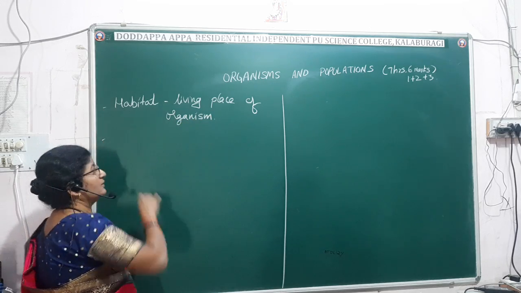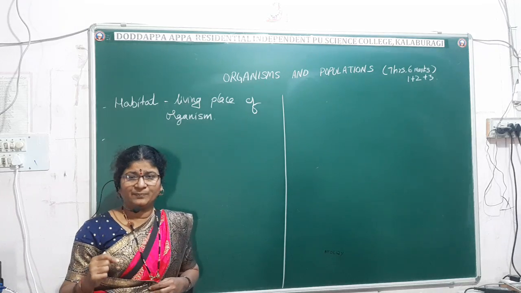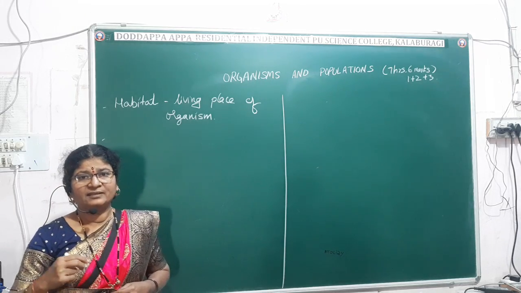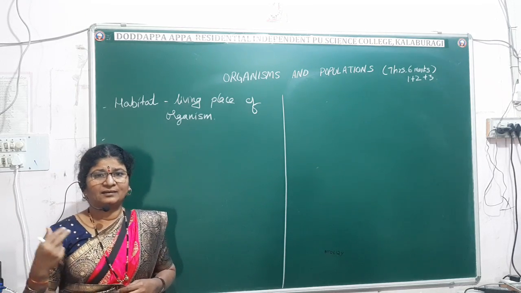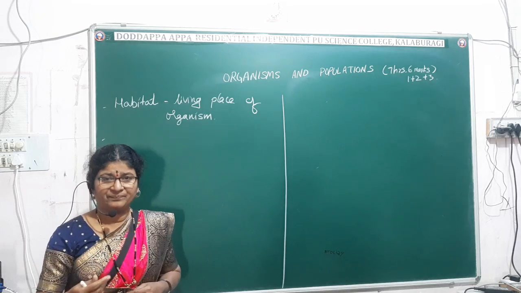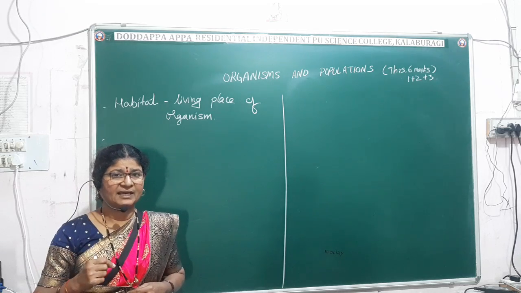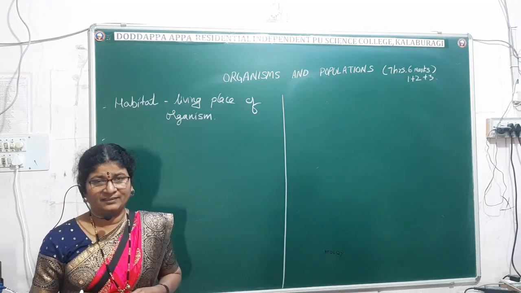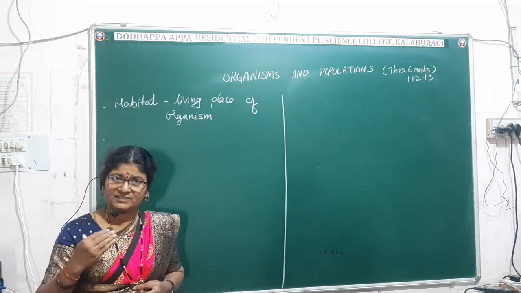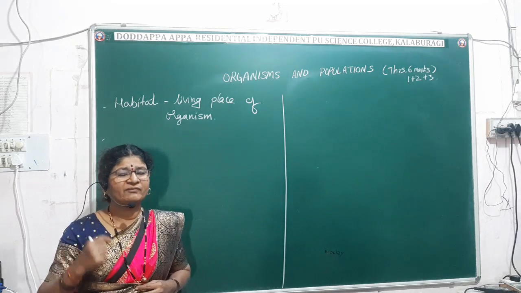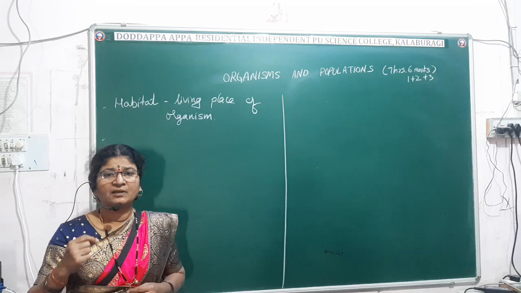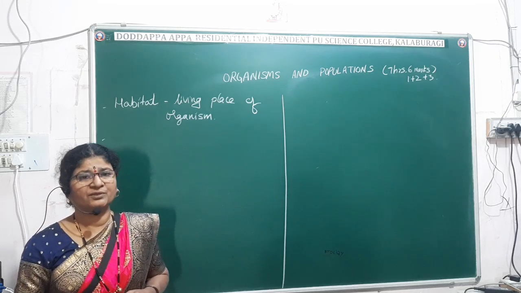When the organism lives in a particular place on the earth, it is surrounded by its surroundings. The surroundings of the organism is nothing but environment. The organism lives in the environment and the environment is composed of biotic and abiotic factors.